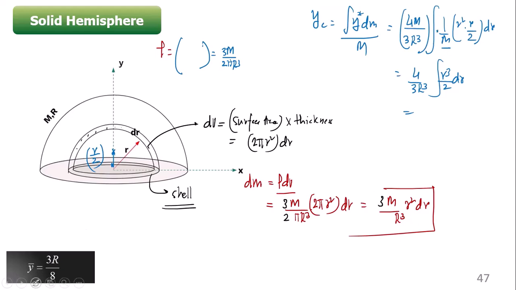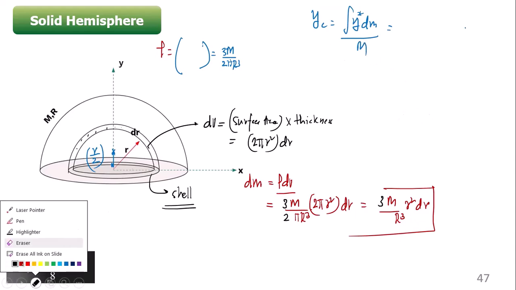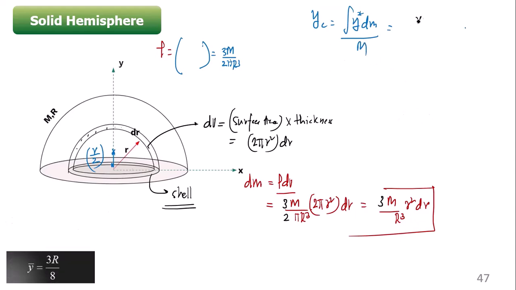So inside the dm number, y is basically small r by 2, and dm is 3m divided by capital R cube into r square dr. In the denominator there is also m, so m cancels out.